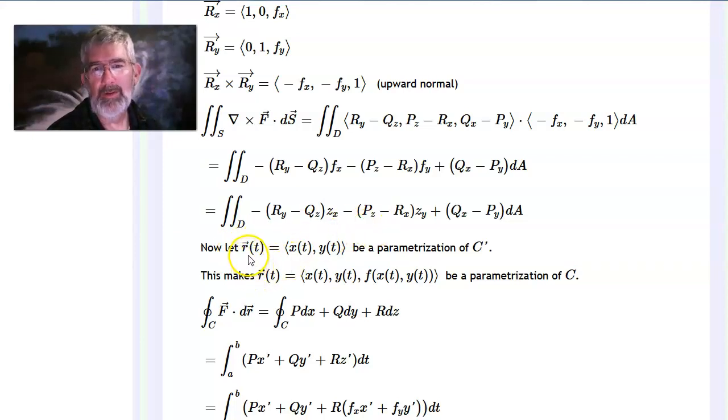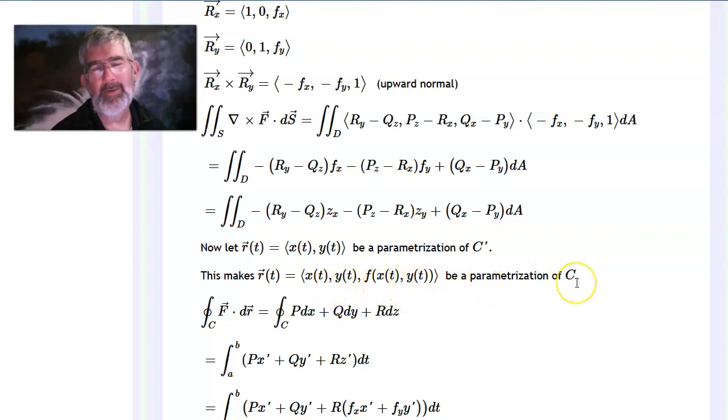Okay. Now I'm going to use lowercase r of t to parameterize the curve C prime. So this is the boundary of D down in the xy plane. And then I'm using the same R. I don't think it makes too much difference here. But here's another parameterized curve, x of t, y of t, f of x of t, y of t.